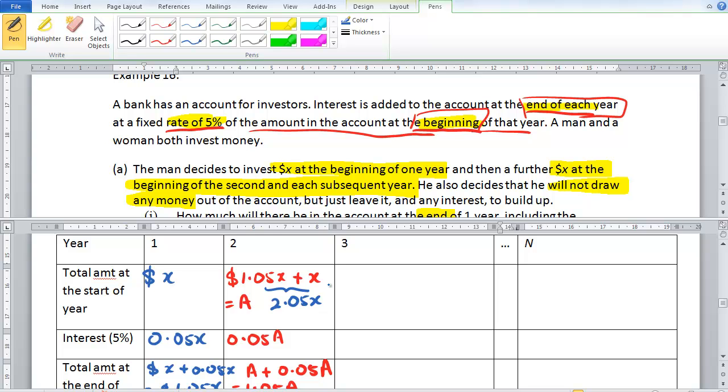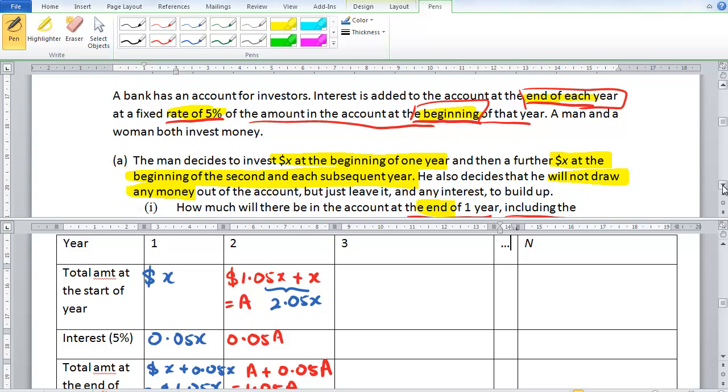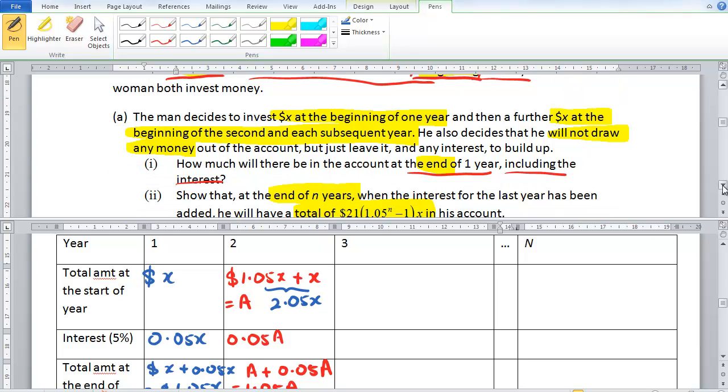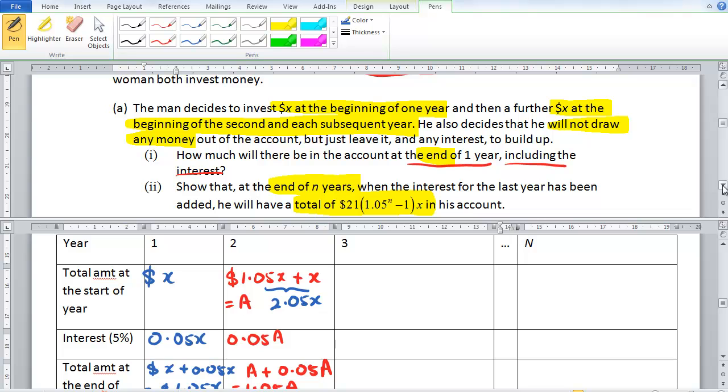And there is a strong clue given by the question, because the question actually needs me to show at the end of part 2 an expression that has this factor of 1.05.